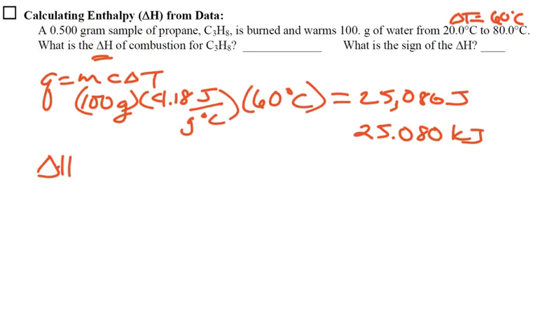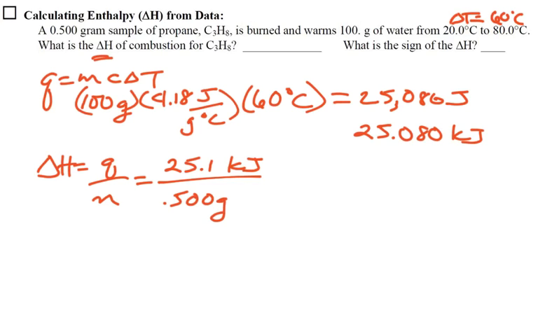But I want to say, how much would that be as a delta H? So delta H, we know, is the amount of heat divided by the number of moles. So I'm going to change that to 25.1 kilojoules, and divide that by the number of moles. Well, I have 0.5 grams of propane, and then I can change that grams into moles.